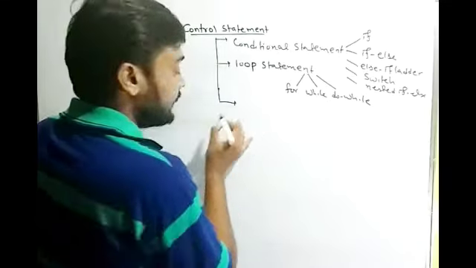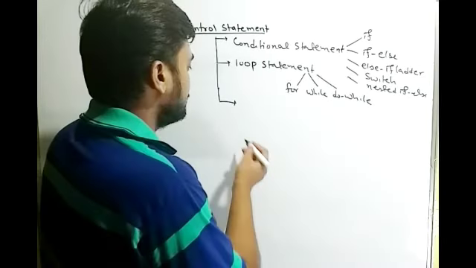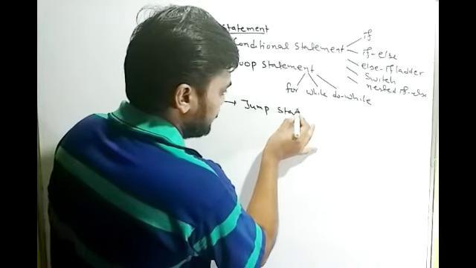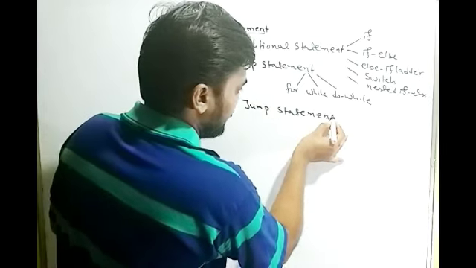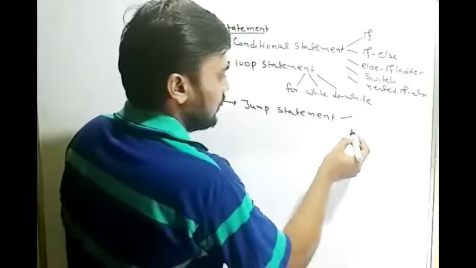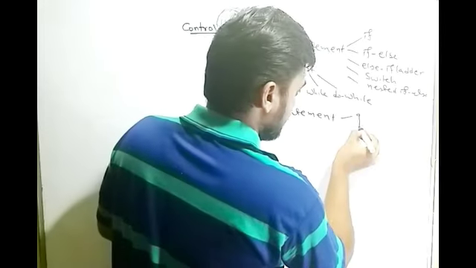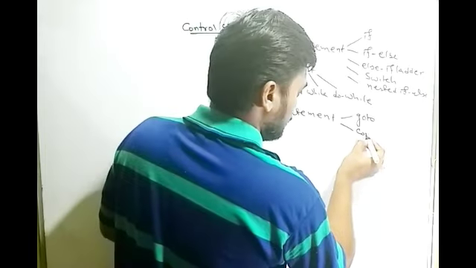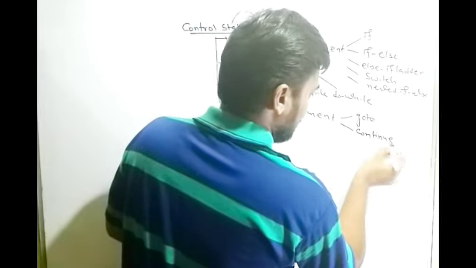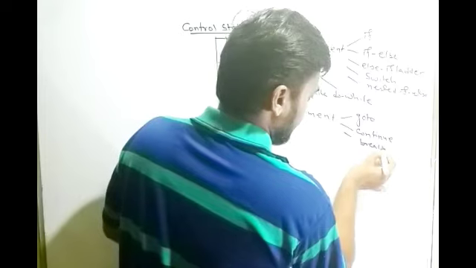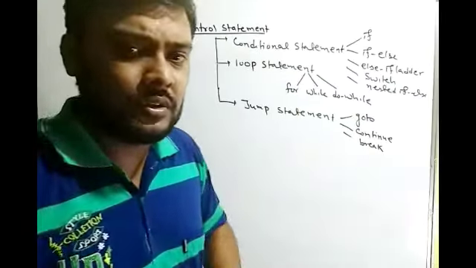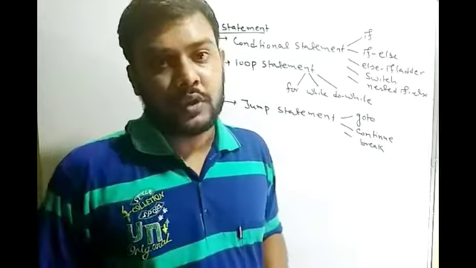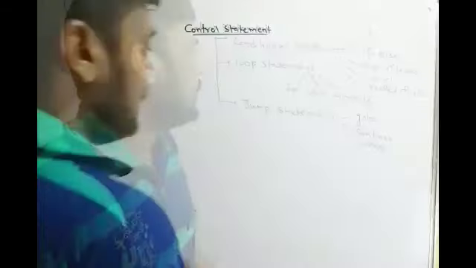And the last one is jump statements. Jump statements are generally goto, continue, and break statements. Those are all the types we generally use as control statements.